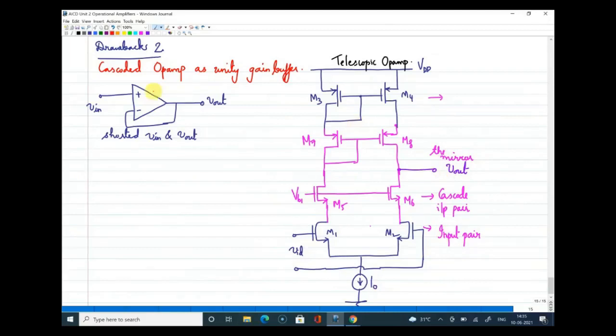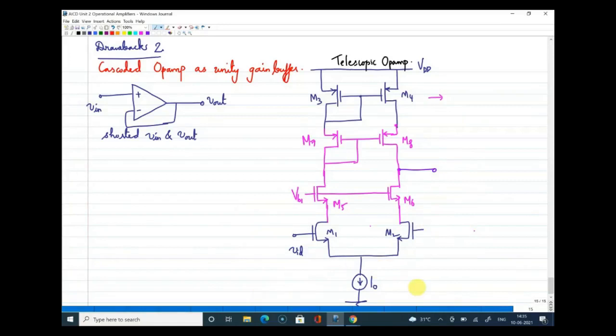If you look at this block level representation, what I need is a single ended op-amp. I'm removing all these labels, and I need to connect the output. The output point is V out, and it needs to be connected back to this terminal, with this being the plus and this being the minus input of the op-amp.